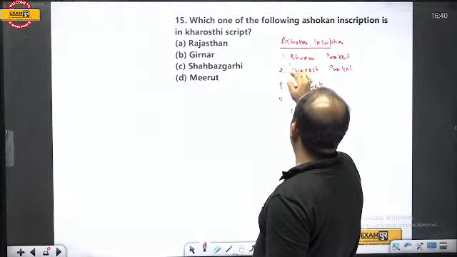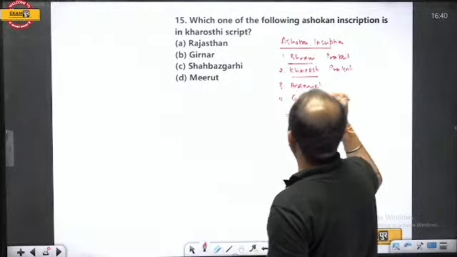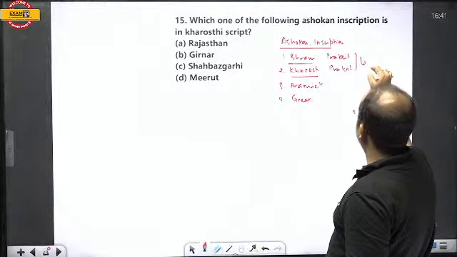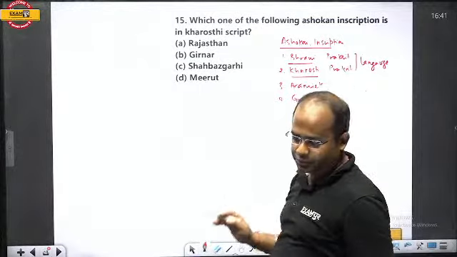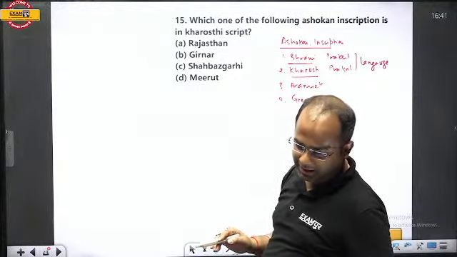So, Brahmi and Kharoshthi, they are the scripts. Prakrit is the language. So, in all the inscriptions of Ashoka, is Kharoshthi Aramaic plus Brahmi?